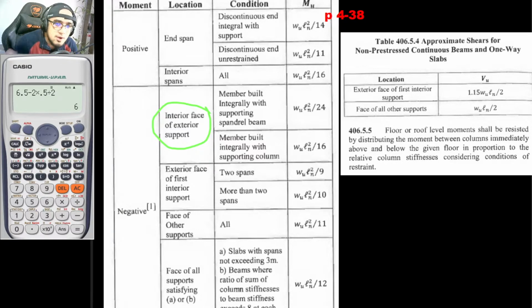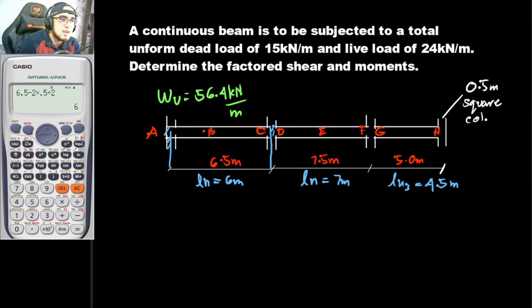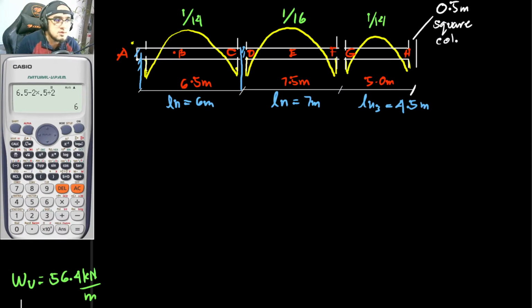Yung mukha niya sa loob ng building. So in this portion, guys, if this is to be our column, this one is to be our exterior face, and this one is to be our interior face. So from that, guys, this is to be the one. So itong moment na yun.